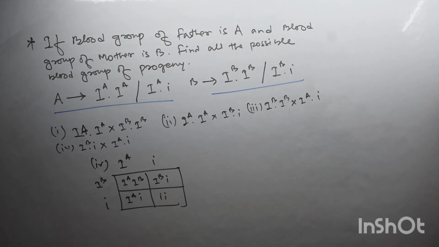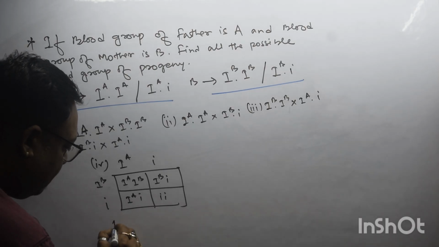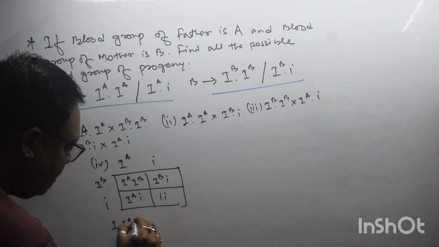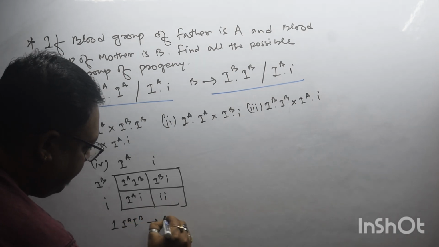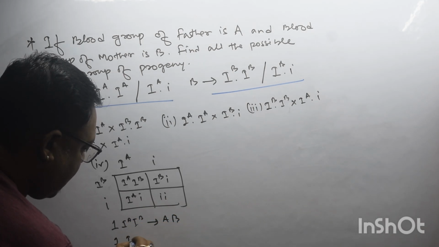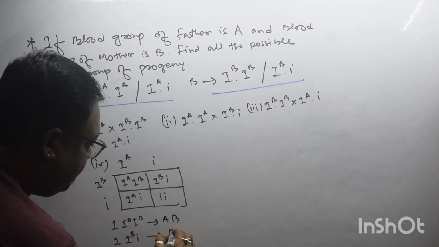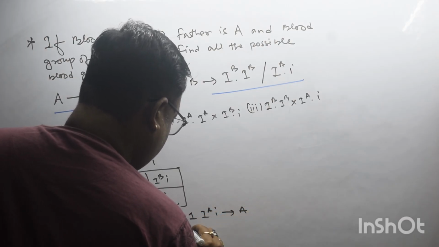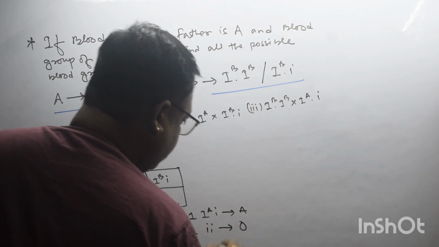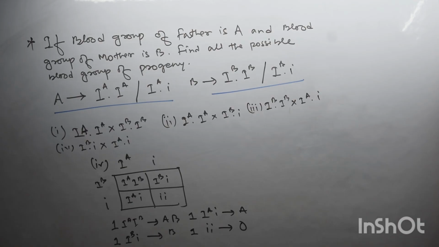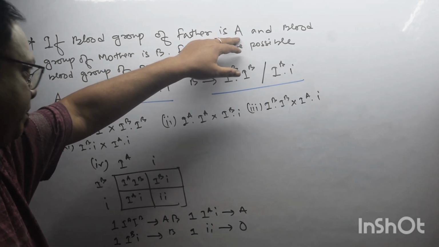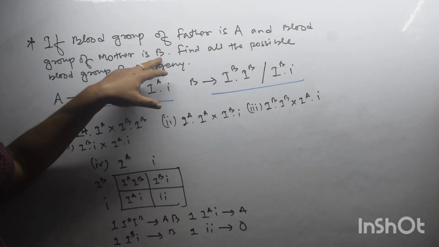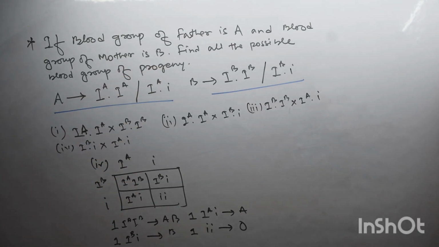As we can see, the progenies will be 1 IA IB, that is blood group AB, 1 IB small i, that is blood group B, 1 IA small i, that is blood group A, and 1 small i small i, that is blood group O. So these are all the probable blood groups of the progenies whose father can be A or B and mother can be A or B. In case of the first one, it will be all AB.